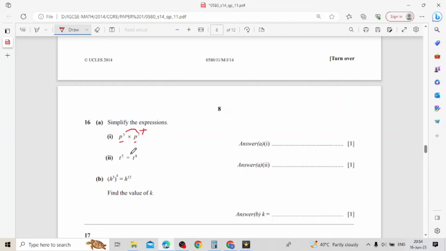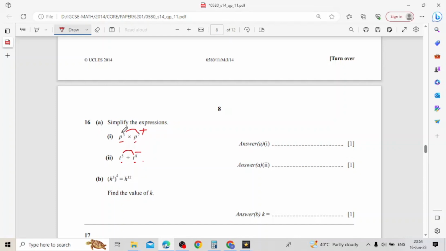Fine. Now see there T and T, but there is a division being done. When the bases are divided, then the exponents or powers are subtracted. Means 5 minus 8.